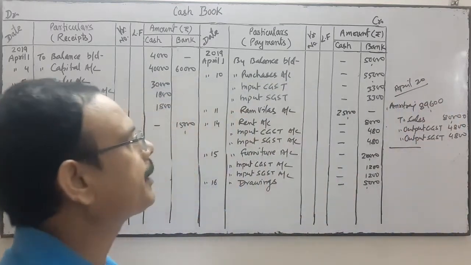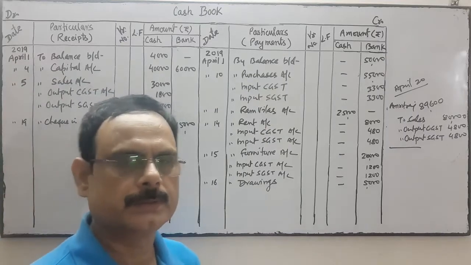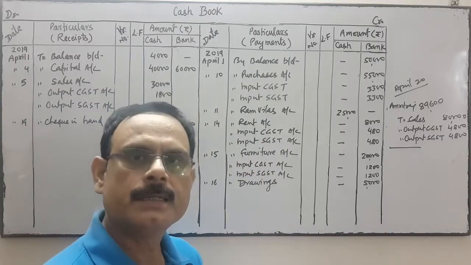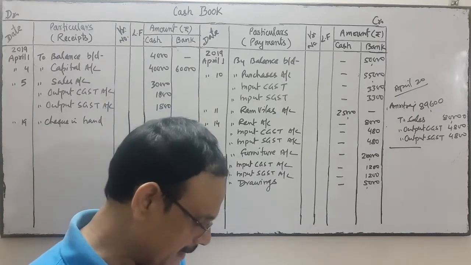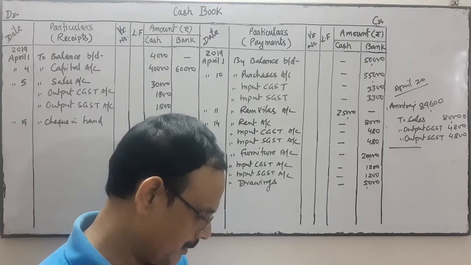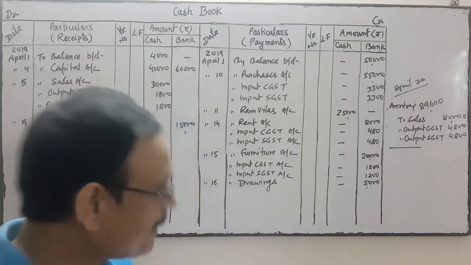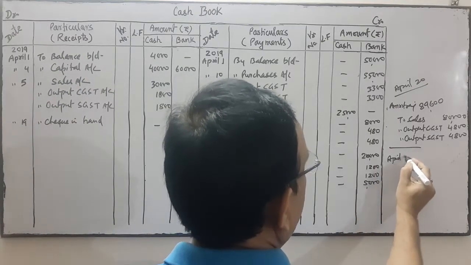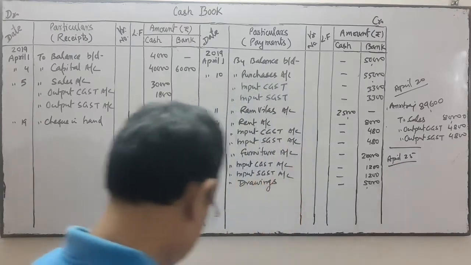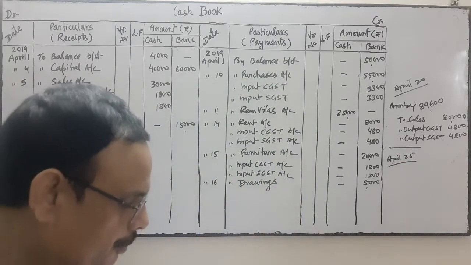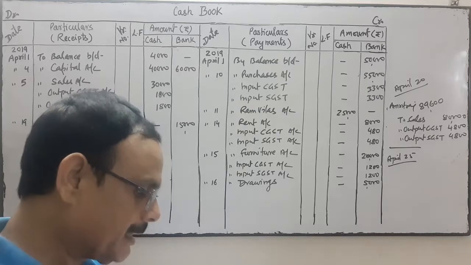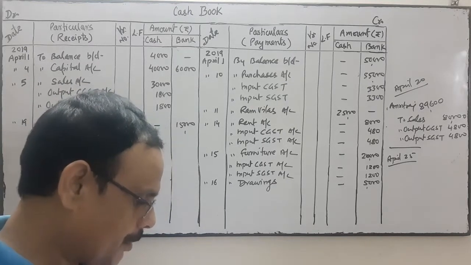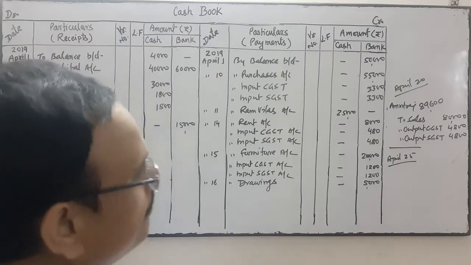This transaction will be recorded by us in which book? In sales book, because it's a credit sale. Amount is not received. And on 25th April, you see, received a check of rupees 88,000 from Amrit Raj in full settlement of his account and check deposited on 28th April.